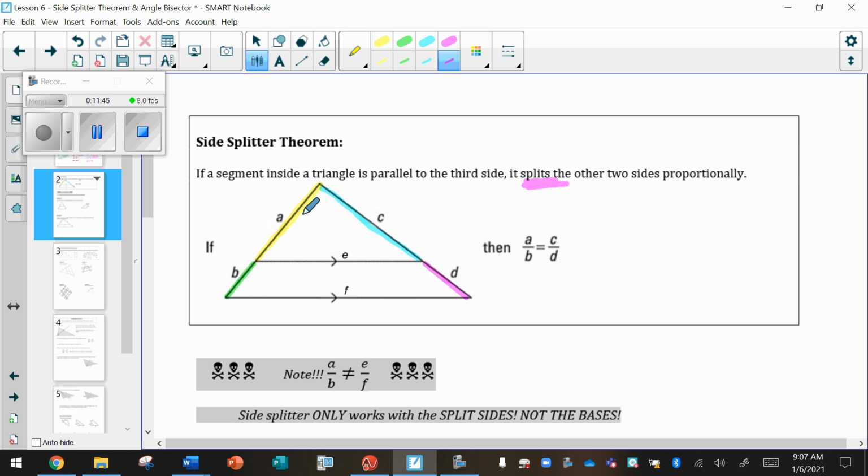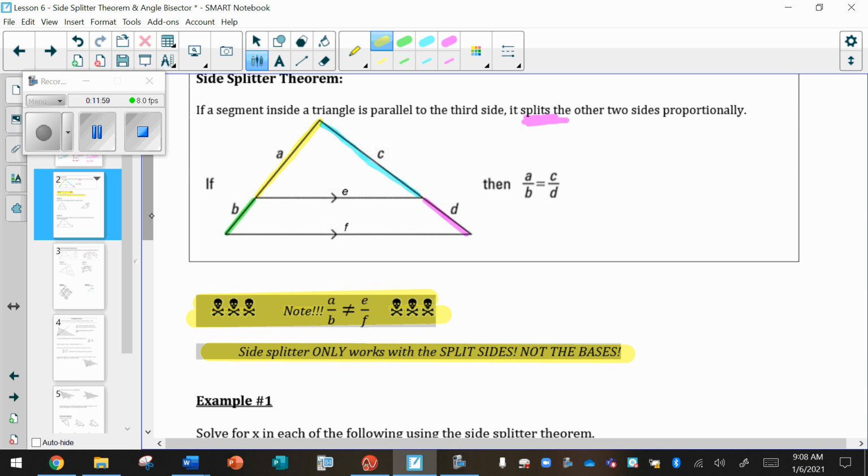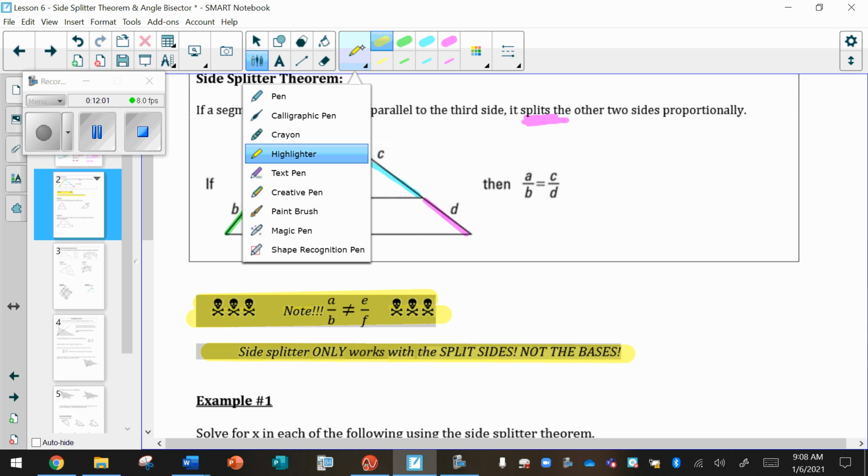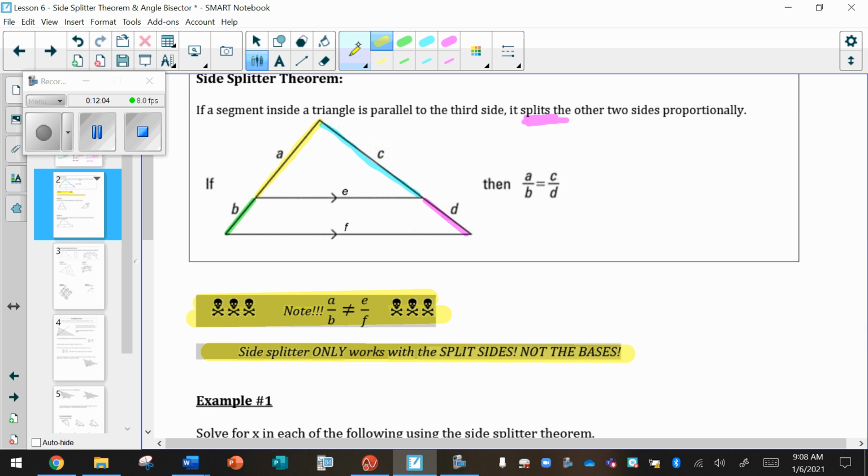You can set up the proportion with the parts of the split side. It does not work with the base, E and F. The side splitter only works with the split sides, not the bases. That is very important. The reason why it is that way is because the split sides were split proportionally because of the dilation, so you can compare the parts, but you cannot compare the bases.